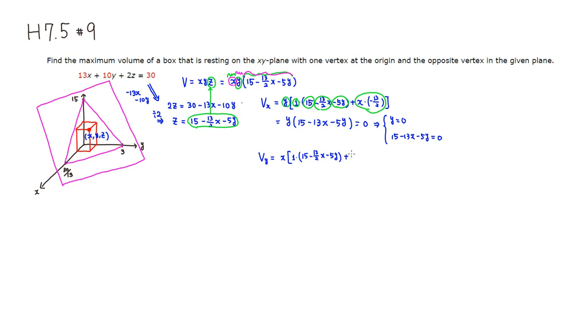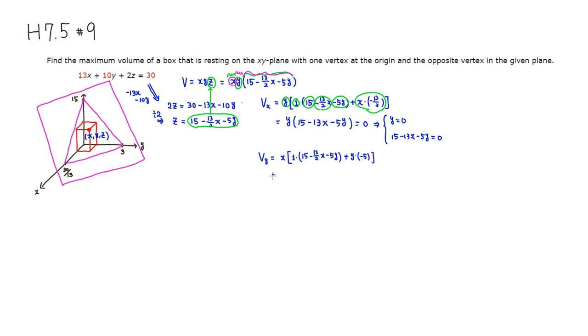The first guy is y multiplied by the partial derivative of the second guy with respect to y. The partial derivative of 15 is 0. The partial derivative of negative 13 over 2 x with respect to y is 0, since it's a constant. The partial derivative of negative 5y with respect to y is negative 5.